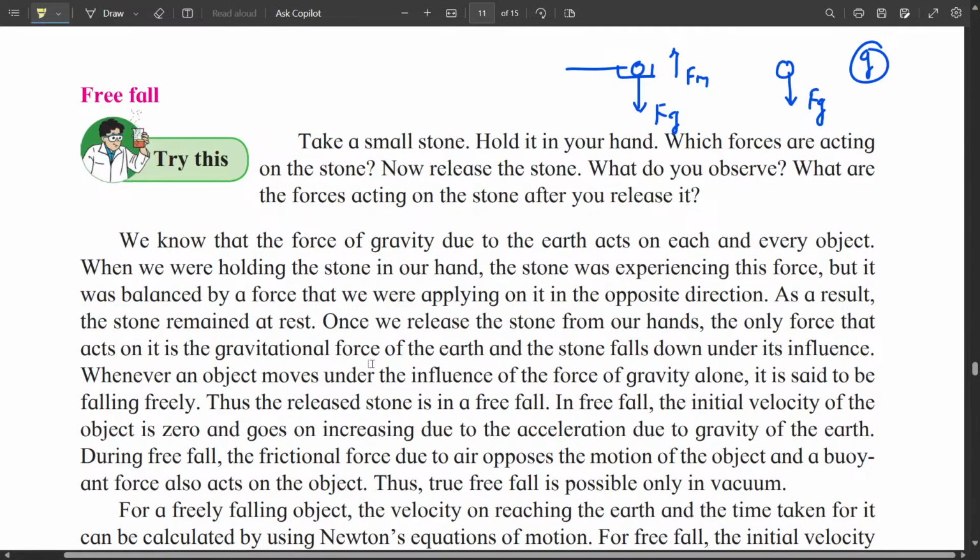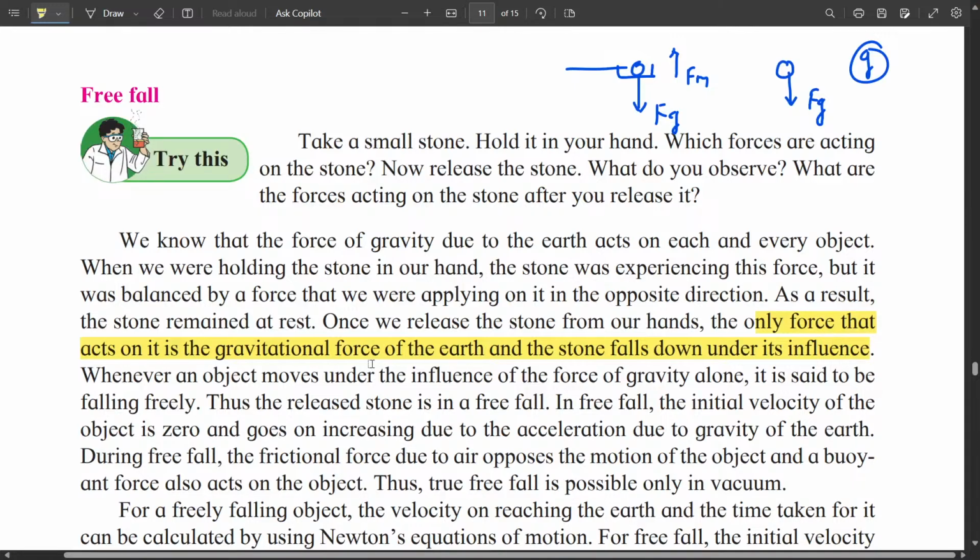Such a fall is called a free fall. When the only force that acts on an object is the gravitational force when it is falling, then such a fall is called free fall. A released stone is in free fall.